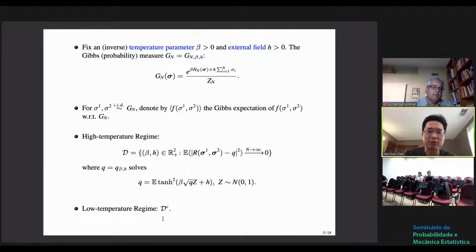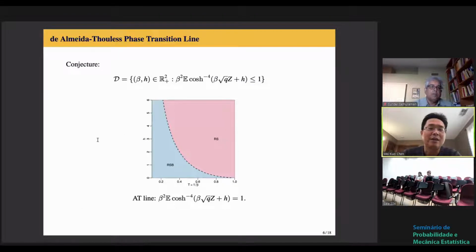Pretty straightforward. Now here comes a very important question that people have wanted to understand in the past: how to describe the high temperature region D. This is related to the so-called Almeida-Thouless phase transition line.